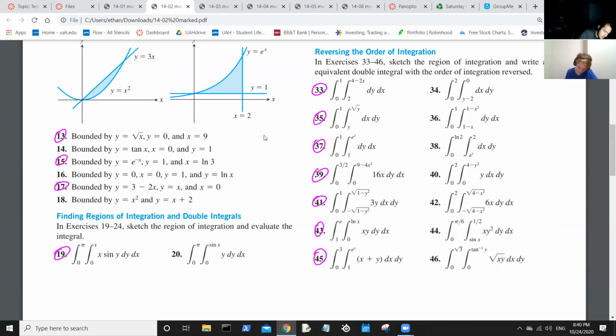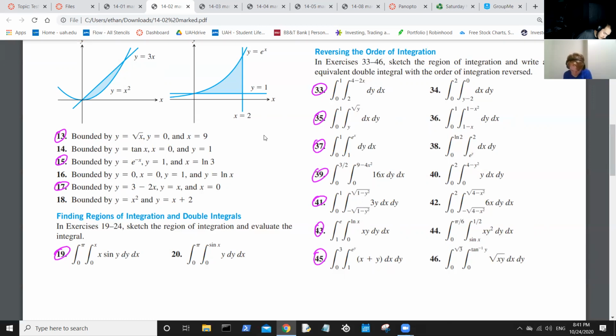So I suppose the first thing we should do is doodle this and visualize it. We're only working with 2 axes here. y equals 0 is a horizontal line, just the x-axis. x equals 9 is a vertical line at x equals 9. So these are our bounds.